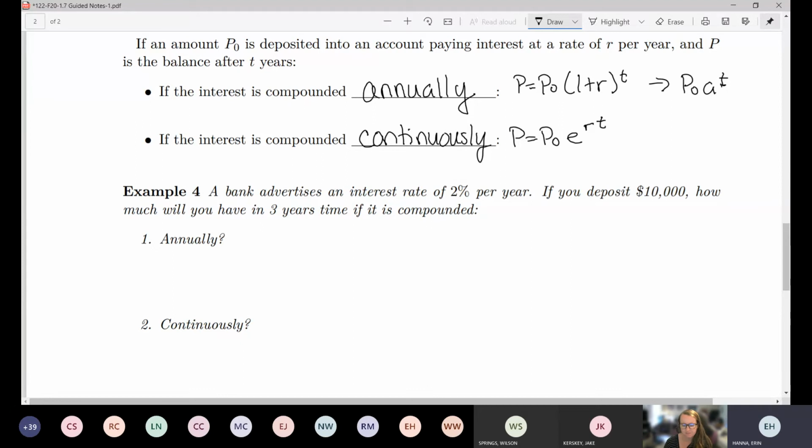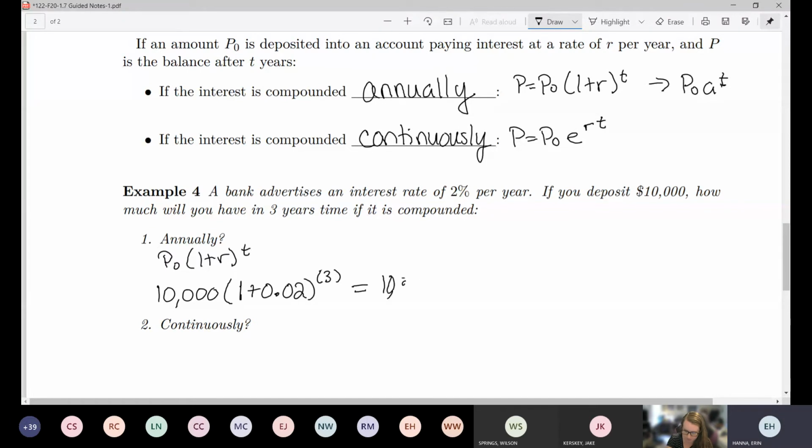and then continuously? So for the annually, I need some P naught (1 plus R) to the T, where we're told that we deposit $10,000, so that's our P naught. Our rate is 2%, so 2% as a decimal would give us 0.02. And we want to know the value after 3 years.